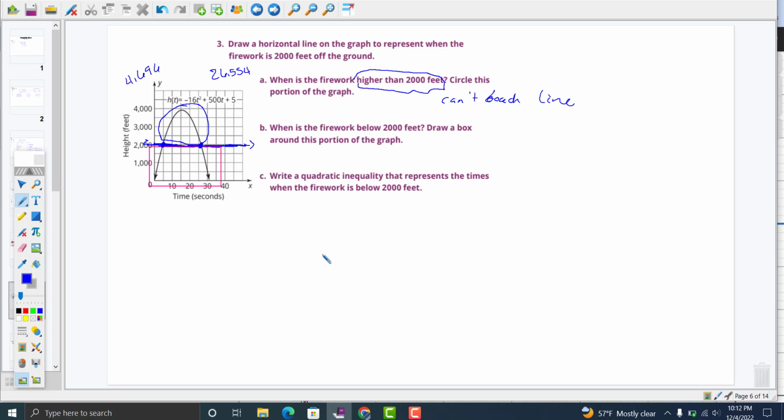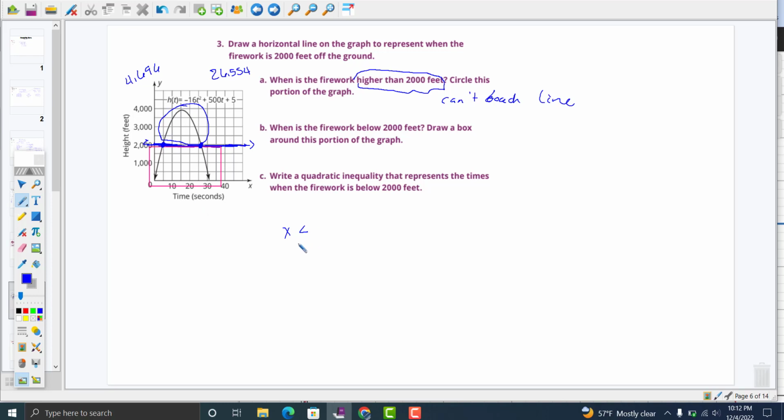And so we want to write an inequality that represents these times. So that would be when x is less than, so it says when the firework is below 2,000 feet.